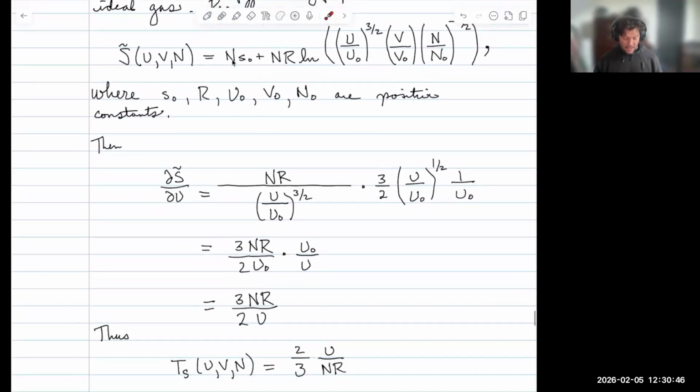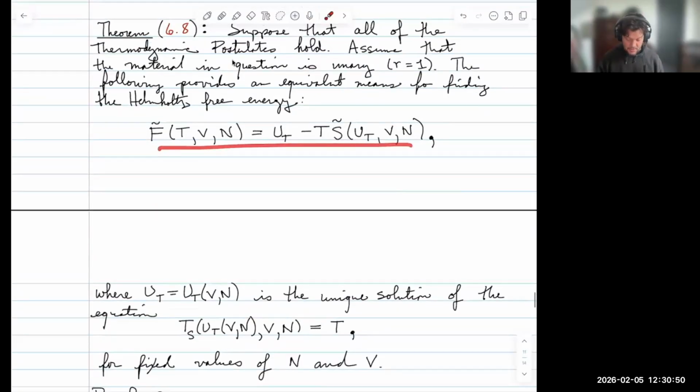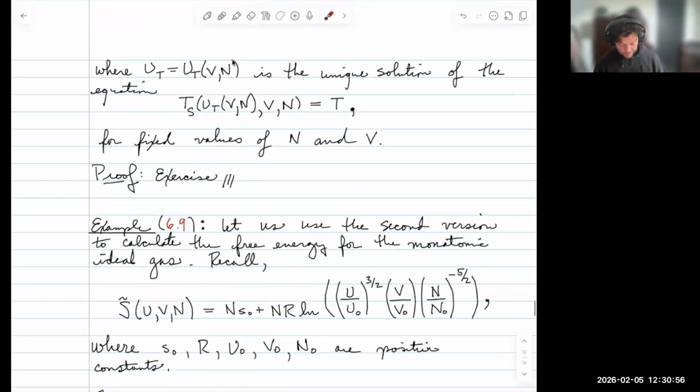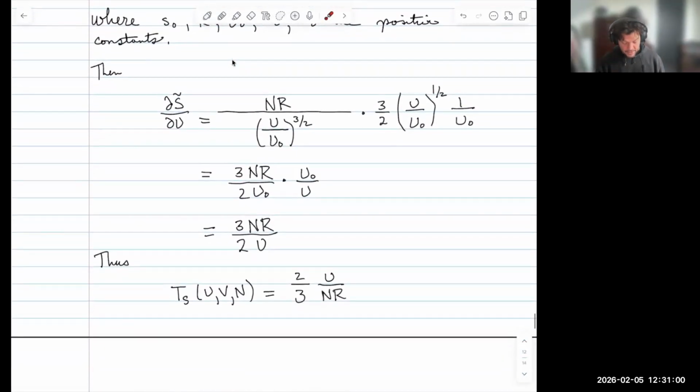So we're going to calculate this in the entropy way. So this is the calculation of the Helmholtz free energy using the entropy function. Well, that means I want the temperature in the entropy formulation. How do I get that? You take the derivative of S with respect to U, and then you invert that.